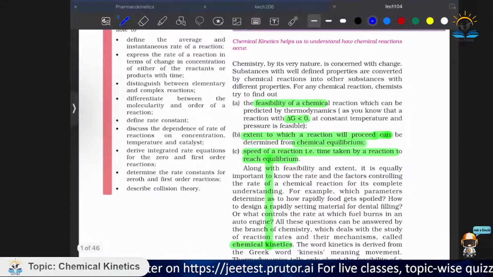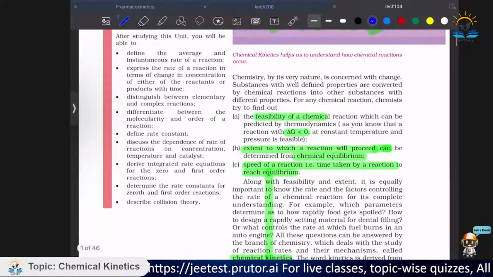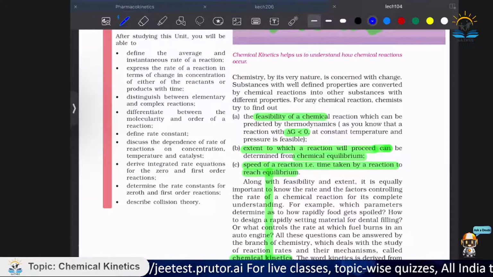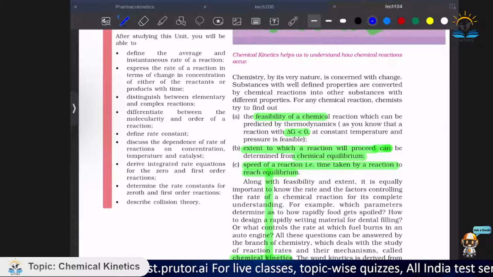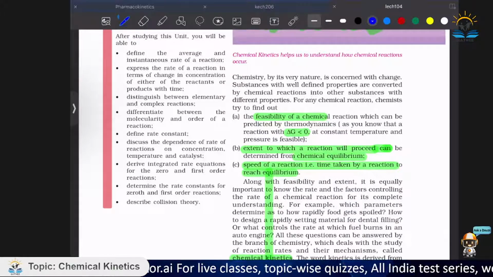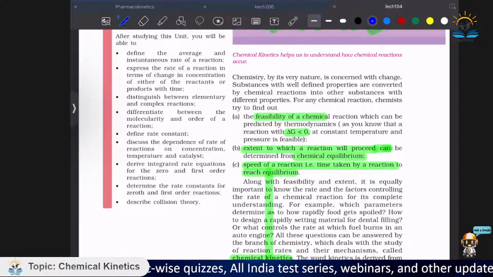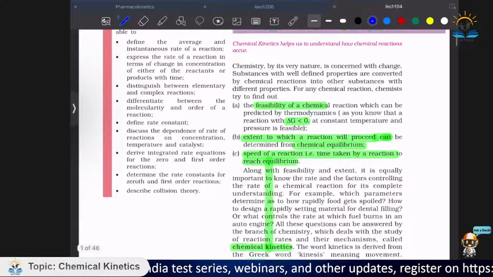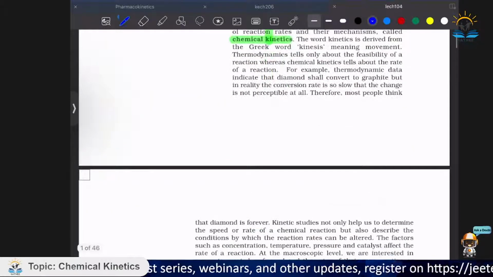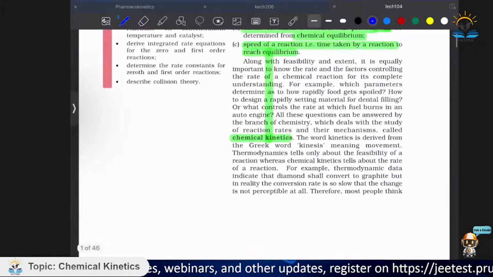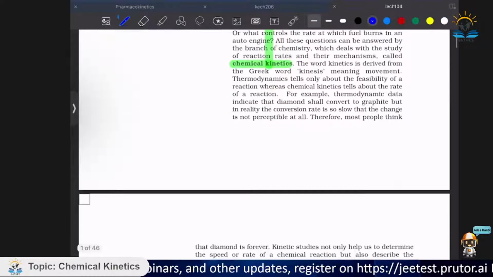After the feasibility, you check how much the reaction will proceed, or the extent of the chemical reaction. This is determined by equilibrium constants, and we have seen this in the chapter equilibrium. This chapter will attempt to answer the question of how fast the reaction is going to attain equilibrium, or the speed of the reaction. That is answered by chemical kinetics. Got it? This is what chemical kinetics is about.